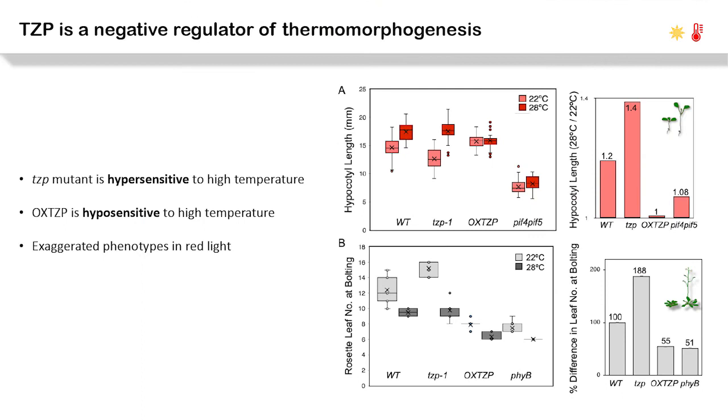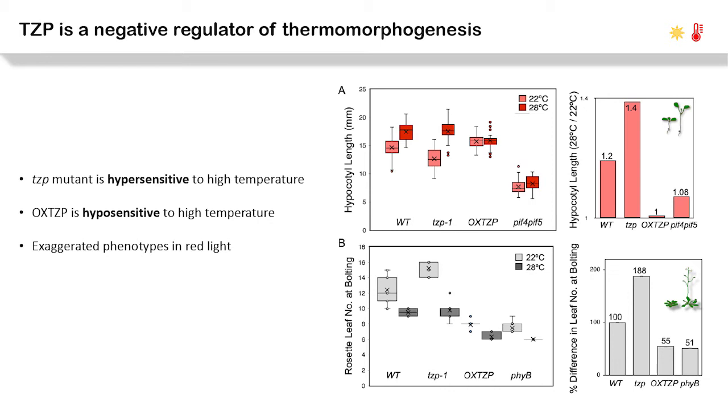So, of course, the obvious question and the hypothesis was that perhaps TZP may play a role in thermomorphogenesis. This is just to remind you that plants respond to elevated temperature by elongating their hypocotyls and by initiating flowering, for example. So we examined these two responses in mutants for TZP or plants overexpressing TZP.